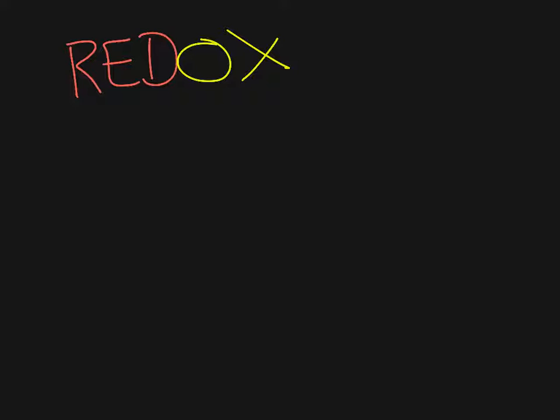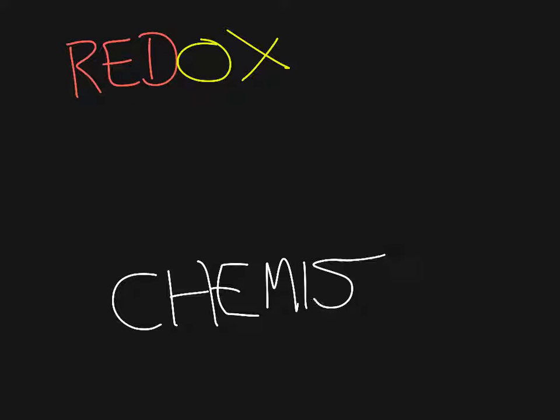Sorry, let me just write down this title. Now you're probably wondering why I've written redox in red and yellow. So the term redox actually splits off into two larger words.